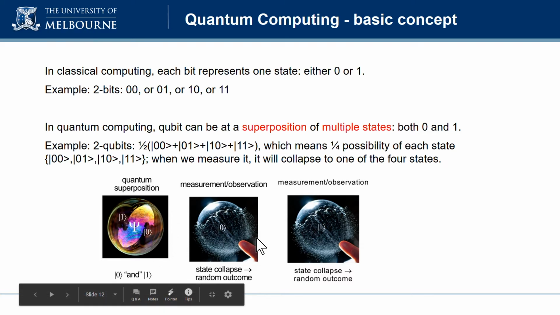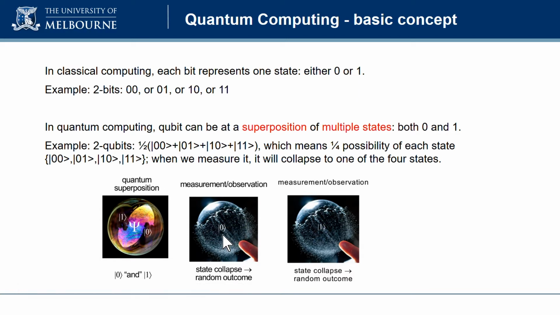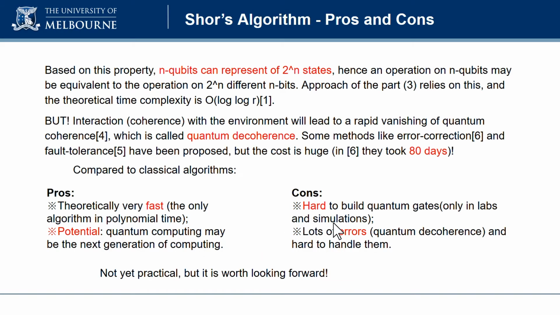If we measure it, we get a random outcome, either 0 or 1, according to the probability. So n qubits can represent 2 to the power of n states. Thus, manipulating n qubits is just like manipulating 2 to the power of n classical bits. Thus, computing r can be very fast.